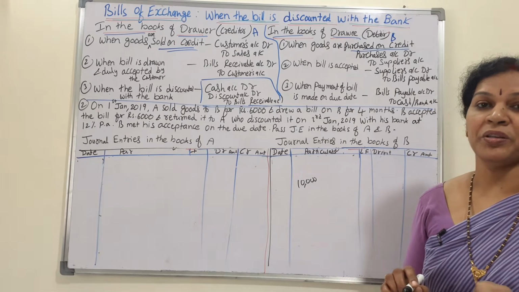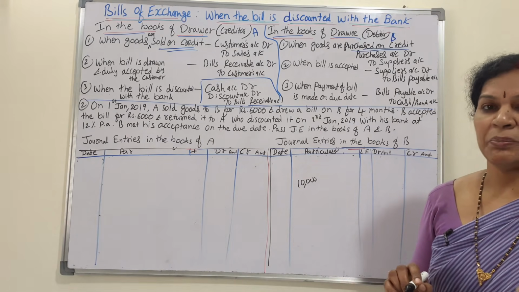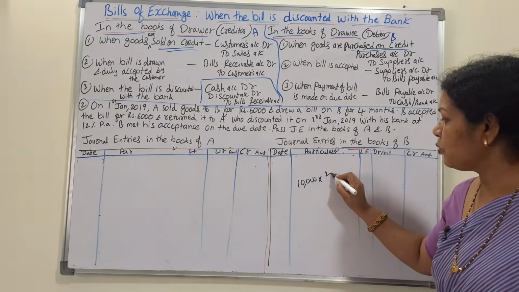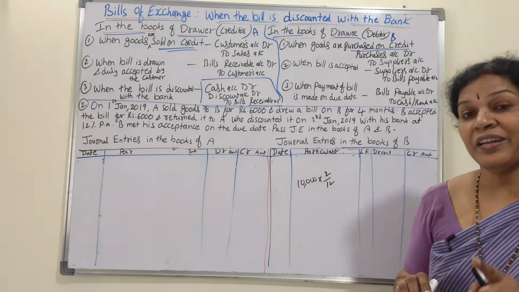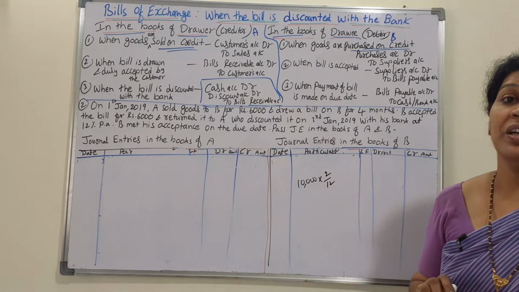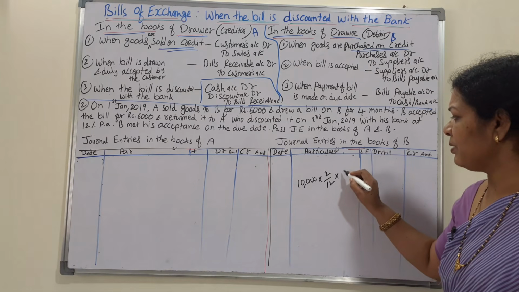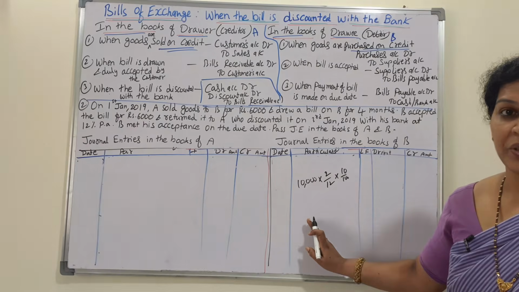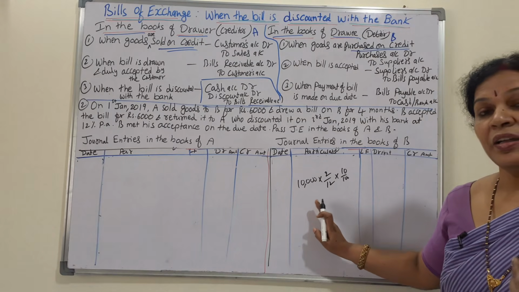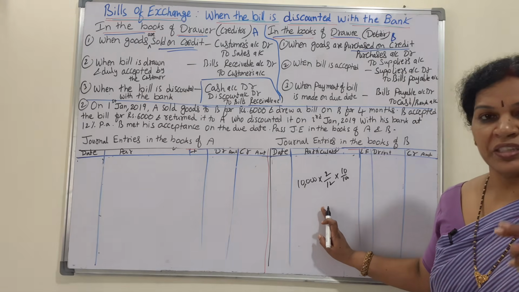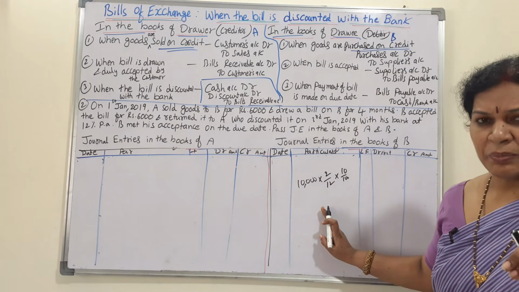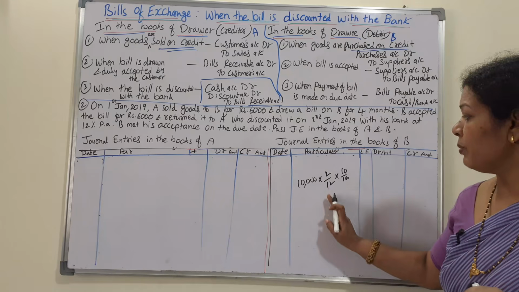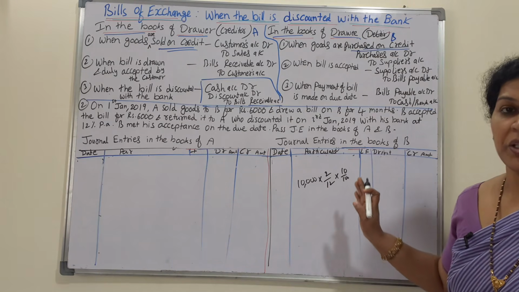After 1 month he wants to discount the bill, meaning 1 month is over. Now how many months early is he going? 2 months. So 2 by 12 we will take. And the discount amount, what discount is being charged? Say for example it is 10%. Like this we have to calculate from the bill amount and how many months early he is coming. 3 months bill. After 1 month he is going for discounting, so only 2 months will be charged. 2 by 12 into the discount rate of 10%.